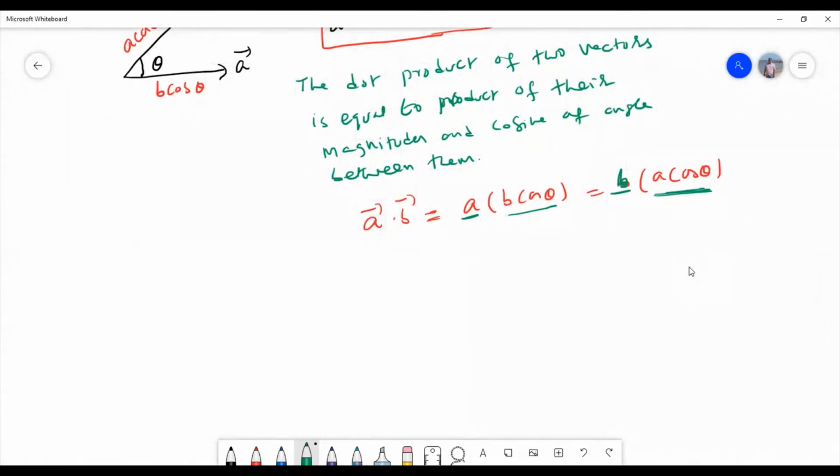Now we need to understand some properties of dot product. Let me write some properties of dot product.